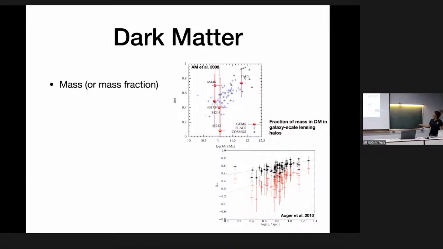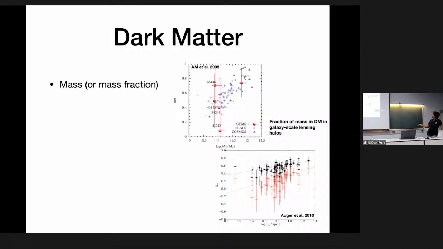That is then shown as a function of the total lens mass, and you can see that for lower mass systems, the dark matter fraction is less, and for higher mass systems, the dark matter fraction is increasing. That means the more massive galaxies tend to have more dark matter in them, right?